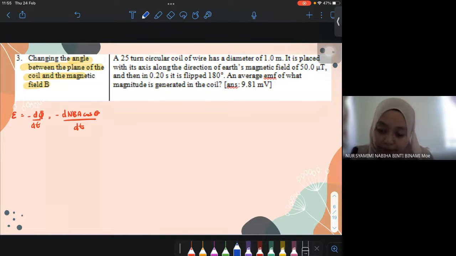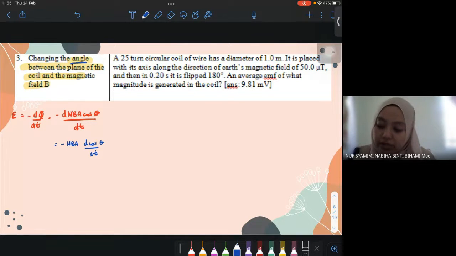So sekarang yang berubah ialah angle. So angle sahaja yang perlu didifferentiatekan. Kita akan dapat negatif NBA d cos theta over dt. Sebab angle yang berubah kan.